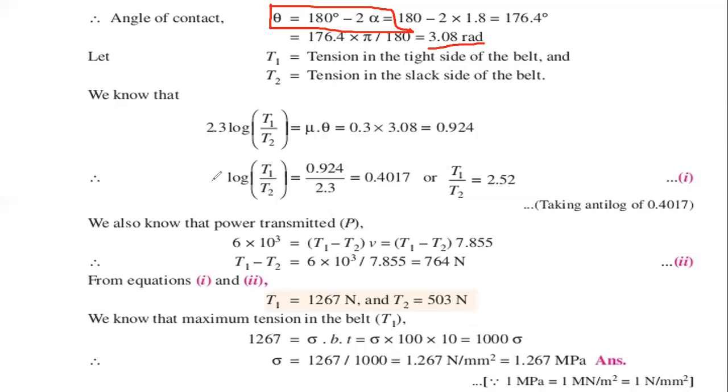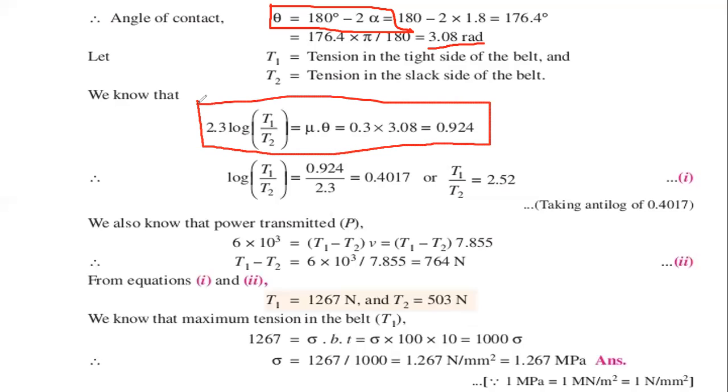Then by substituting, we got 2.3 log T1 by T2 is equal to mu theta. By substituting all the values, we got 0.924.